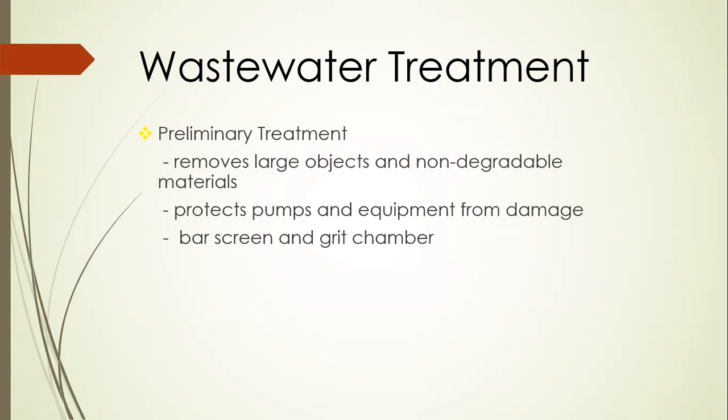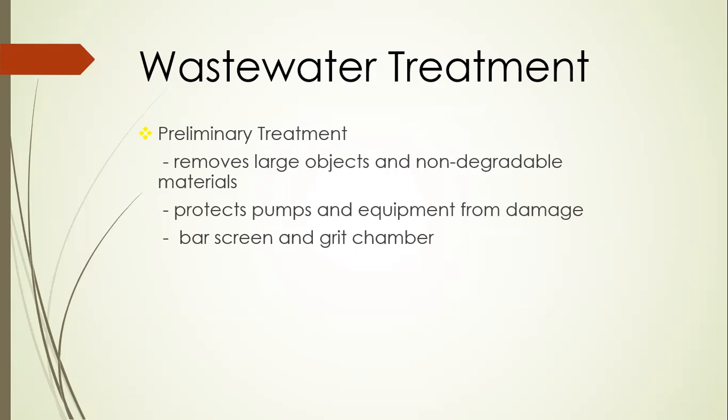As I indicated, the main objective is to remove large objects. The main purpose is to protect the downstream pumps and equipment from damage. Otherwise, it will have excessive abrasion in the pumping and equipment.